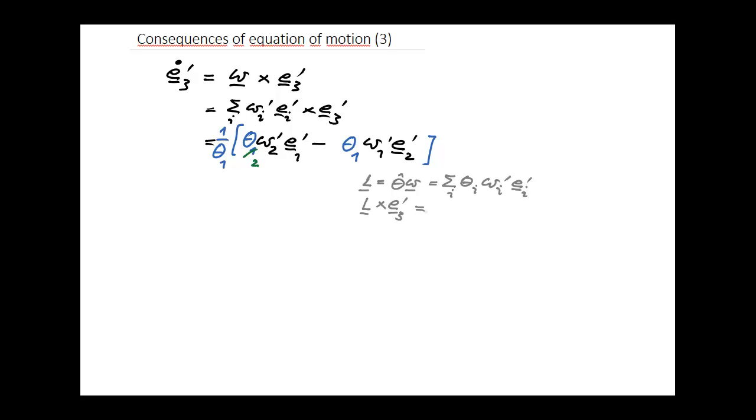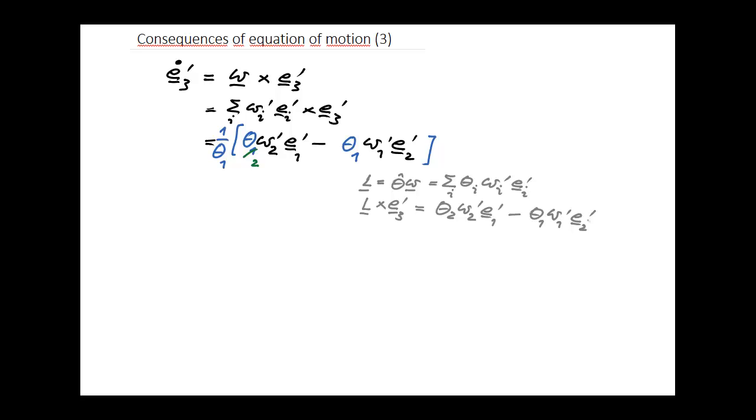And if i is equal to 3, then you have e3 prime vector product with itself, and this is 0. So there are only two values for the index i that survive, and you find that this is theta 2 omega 2 primed e1 primed minus theta 1 omega 1 primed e2 primed.